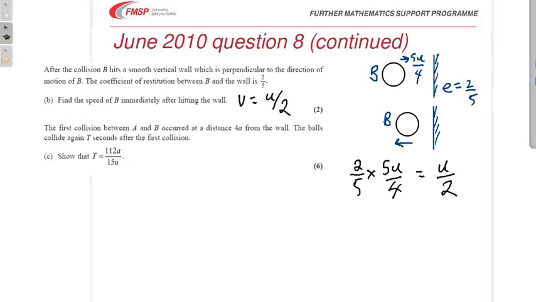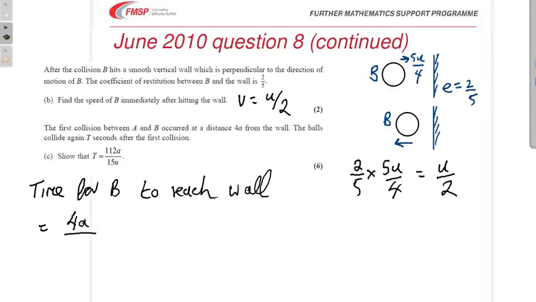Let's first of all work out the time it took for B to reach the wall. Well, B was travelling at the speed of 5u over 4, and the wall was a distance 4a away. So 4a divided by 5u over 4 gives us a time of 16a over 5u.